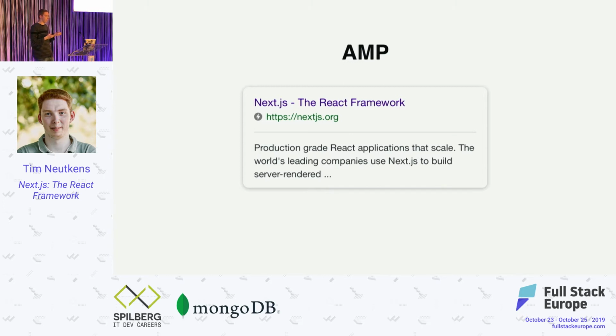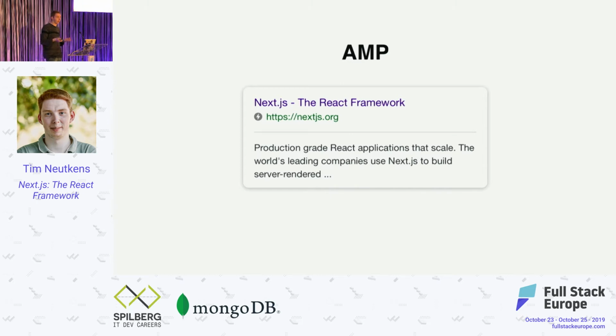It's a framework for building fast web applications. And it's actually a standard for HTML, like a sub-spec of HTML, that makes sure that your app is fast and renders fast. It's generally for websites and blogs and that kind of stuff. It was started by Google, and as you can see in this image on the slide, maybe you've seen in Google before, if you go on mobile, you've seen this lightning icon.